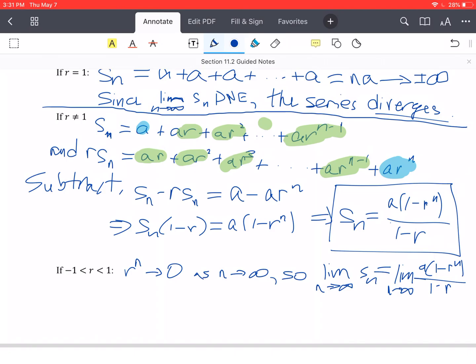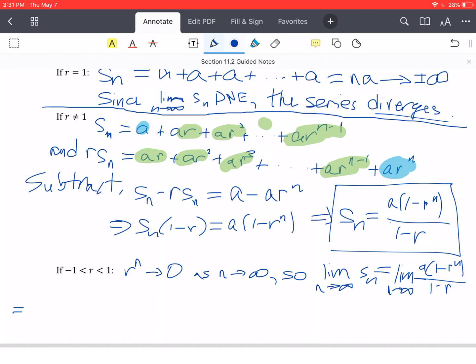Okay, that we can simplify a little bit because in this case r and a are both constants. Okay, n is the only variable here in this limit, so we can split this up into two terms.